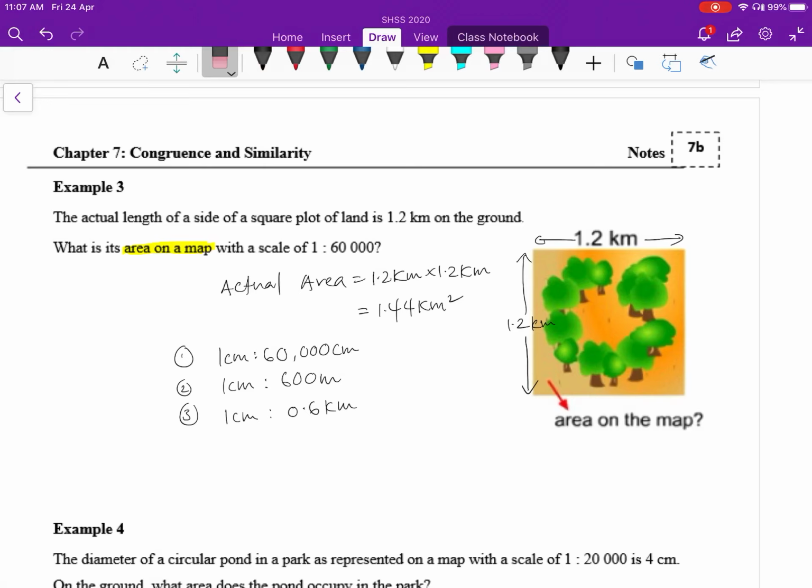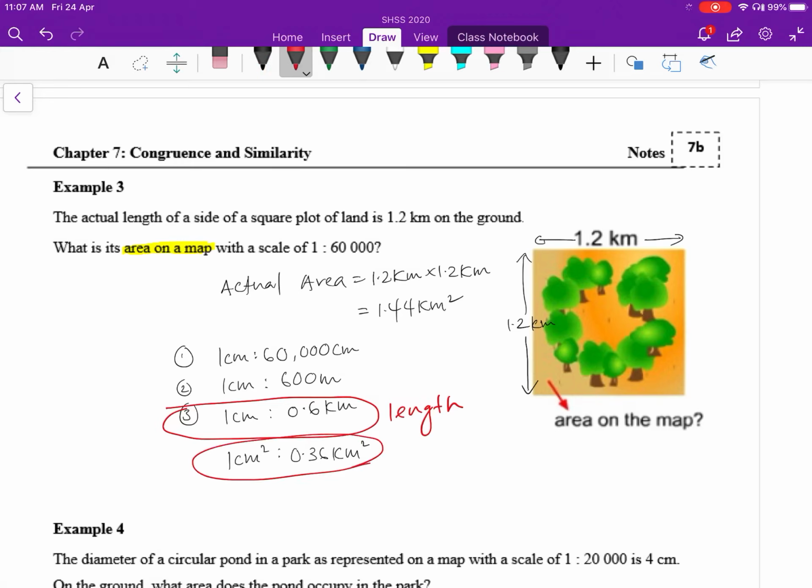I haven't found the area scale yet. So I want to find the area scale, I have to square it. 1 times 1 is 1 cm square. 0.6 times 0.6 is 0.36 km square. That is the area scale.